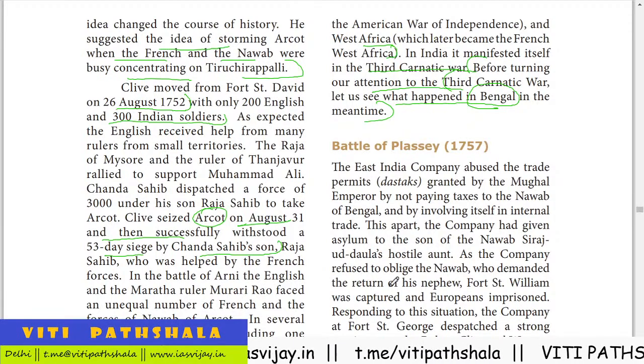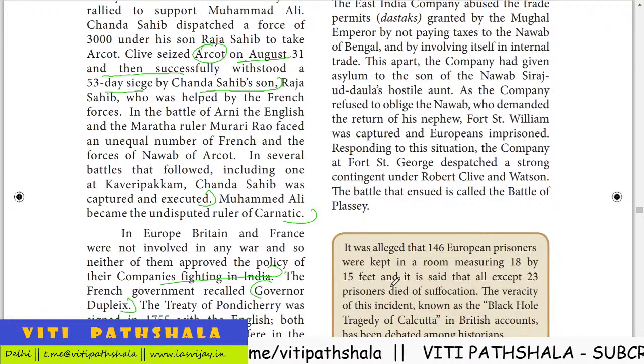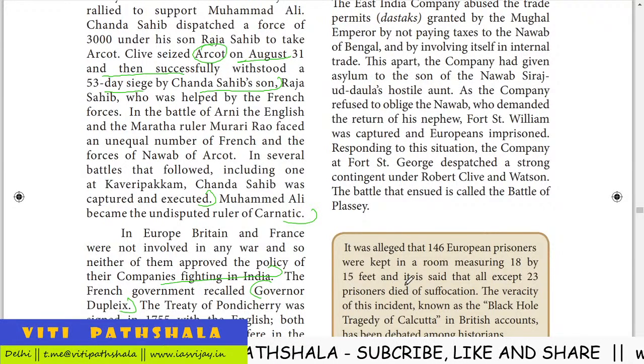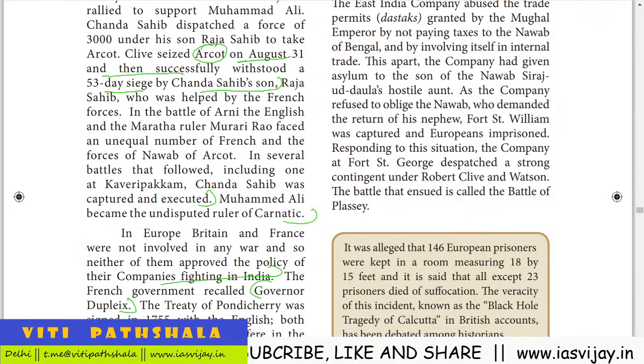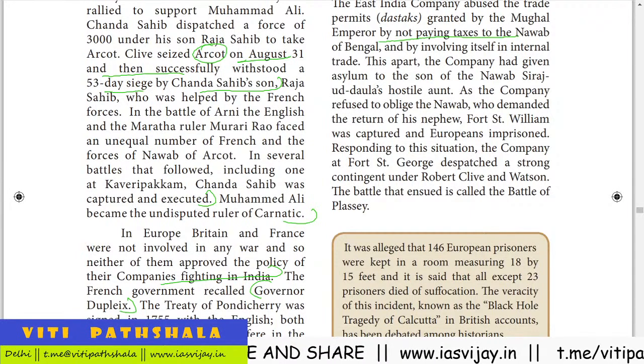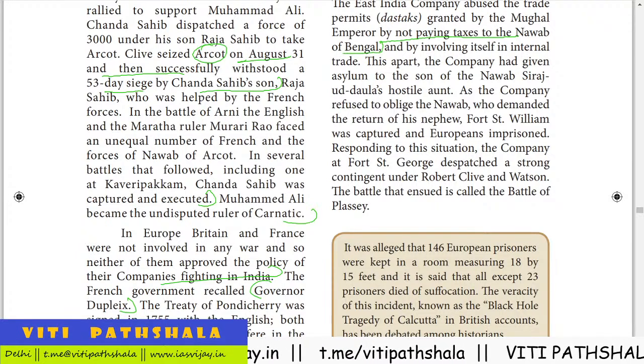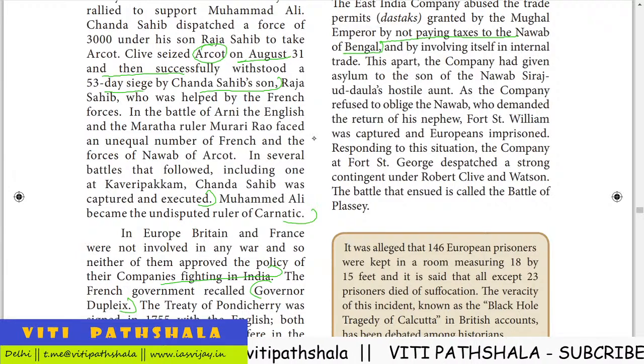So, the Battle of Plassey, 1757. The East India Company abused the trade permits, that was the dastak, granted by the Mughal Emperor by not paying the taxes to the Nawab of Bengal and by involving itself in internal trade.